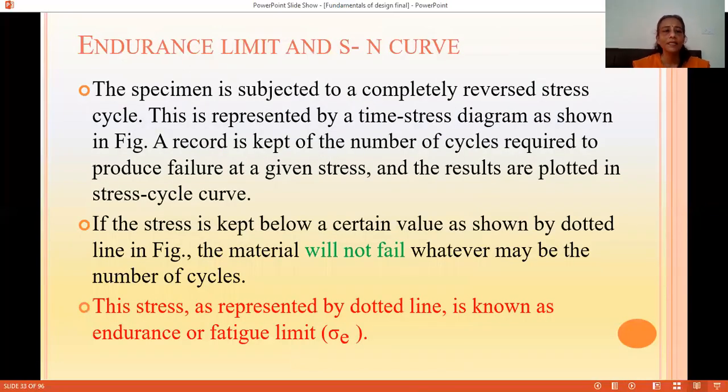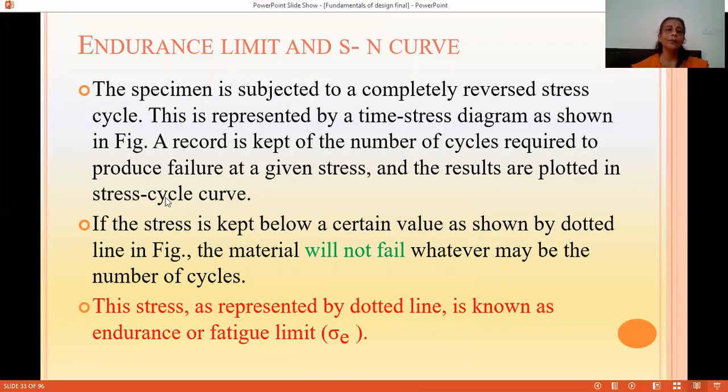Next, today we will see the endurance limit and the stress versus number of cycles curve, which is also known as the SN curve. We have seen a component which was subjected to a completely reversed stress.